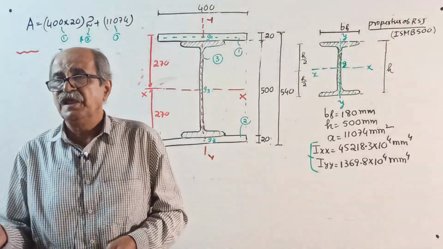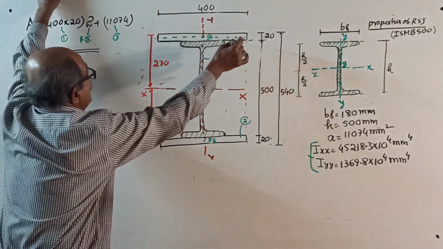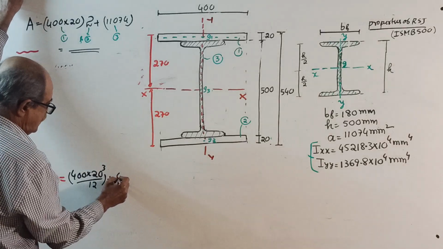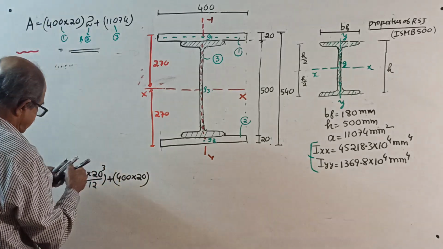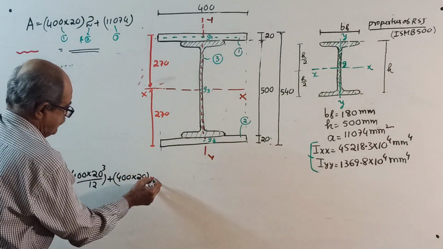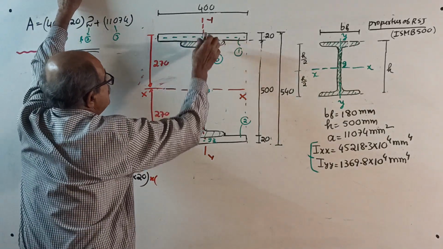Some loose connection in the light. Okay. I about its own axis plus area, 400 into 20 is the area, multiplied by the distance from centroid G1 to x-axis.